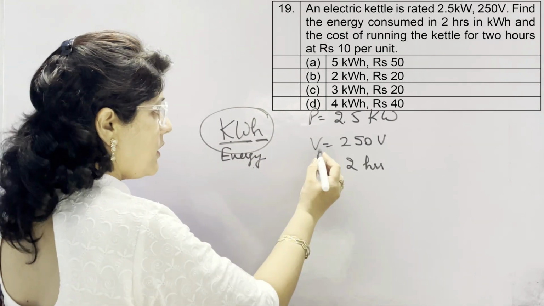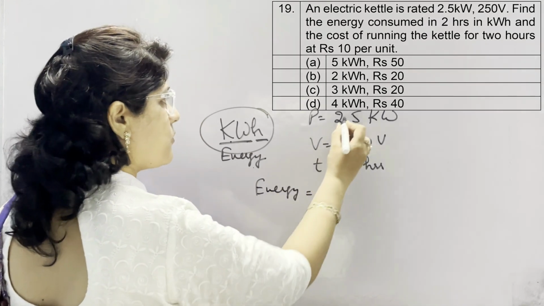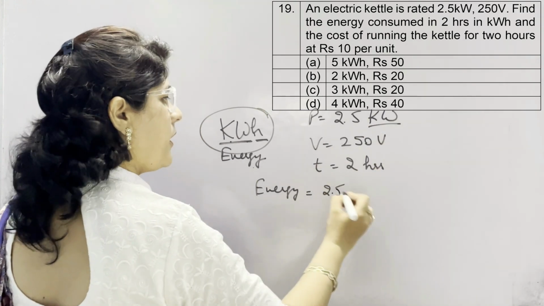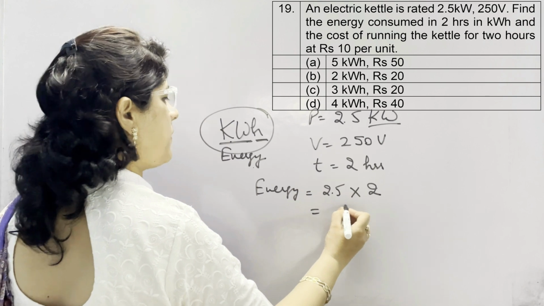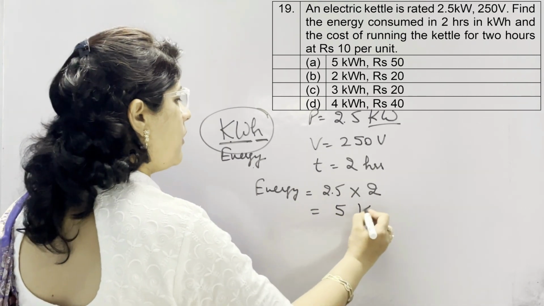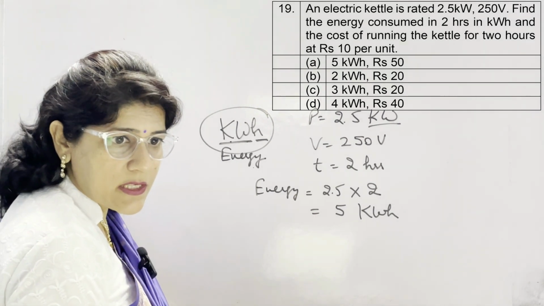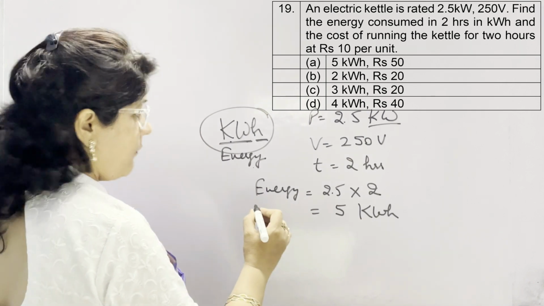And here we need to calculate energy. So energy is equal to P into T. P is already given in 2.5 kilowatt. Multiply by time already given in hours. So just multiply these two and we will get the answer as 5 kilowatt hour. In second part, they have asked us to calculate rupees 10 per unit is the cost of running.